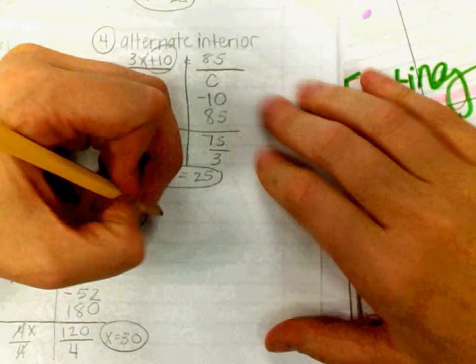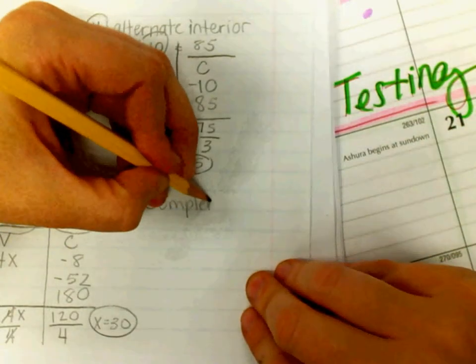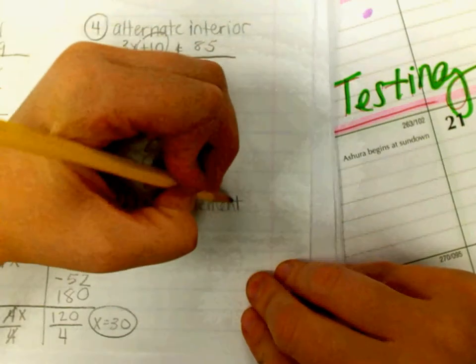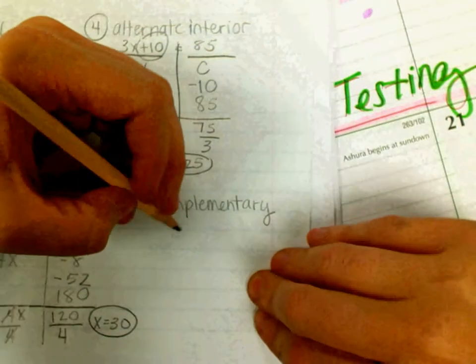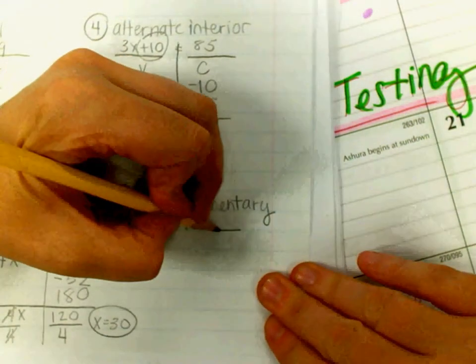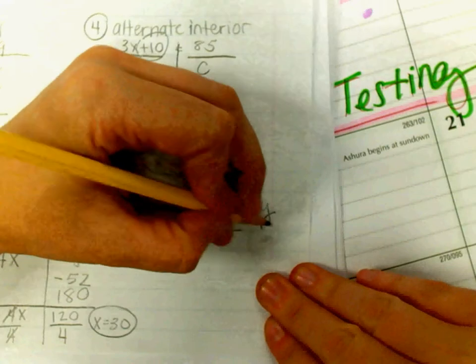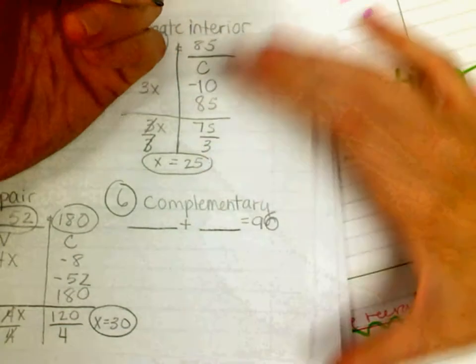It's with a C, complementary. Okay, complementary is similar to supplementary, but it equals 90 degrees instead of 180. So blank plus blank equals 90.